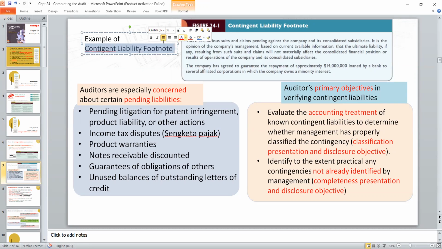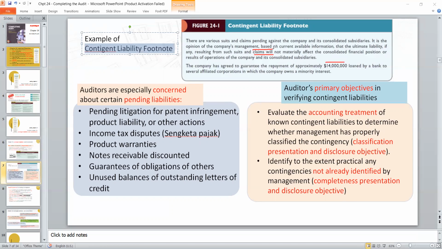It is about claims, and the estimation is about $14 million, something like that. So there is a note.